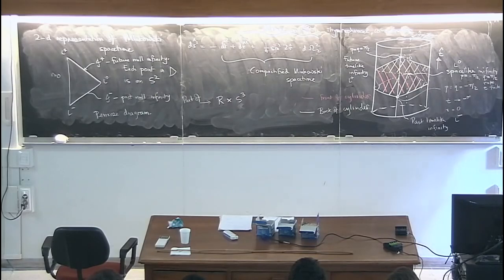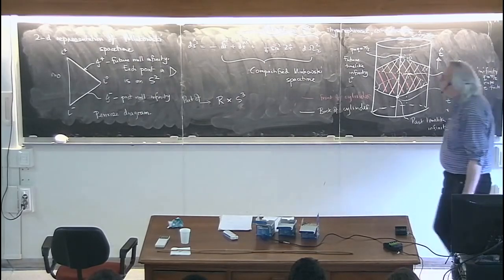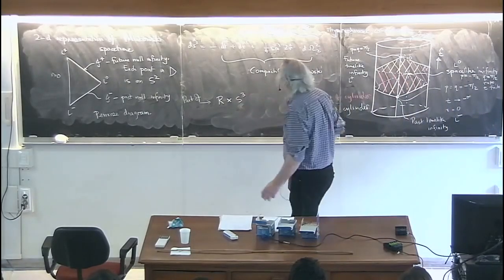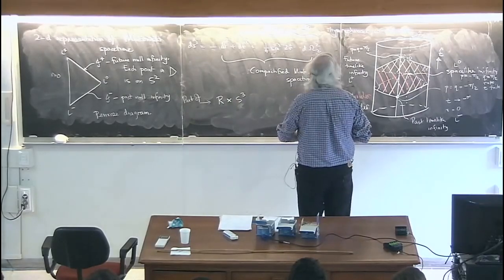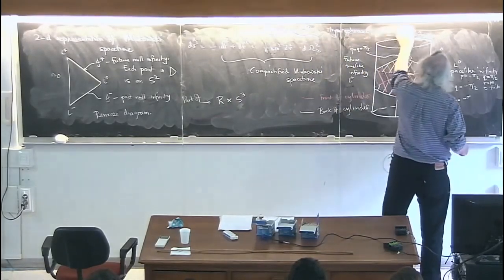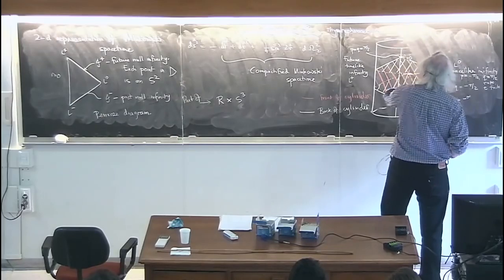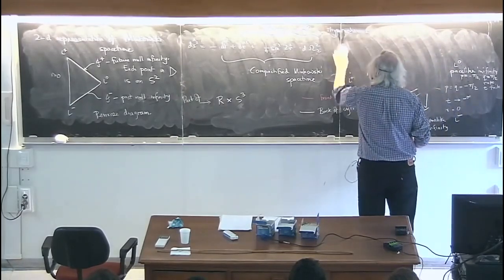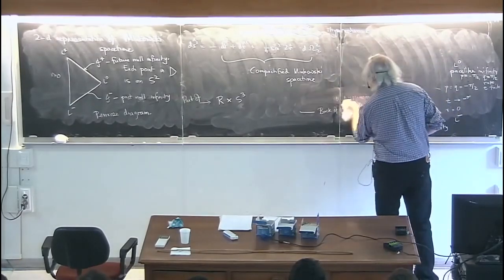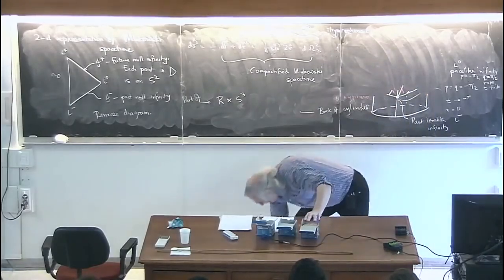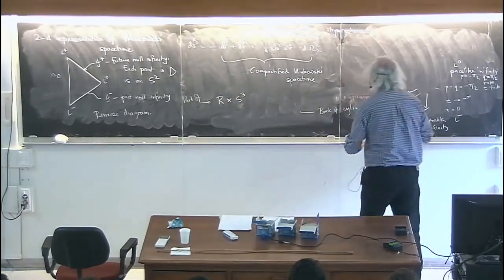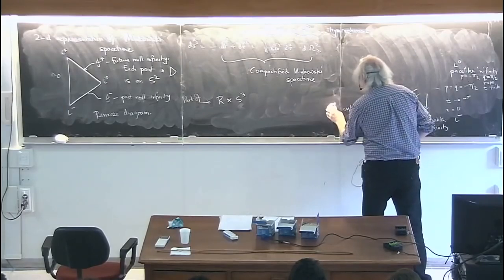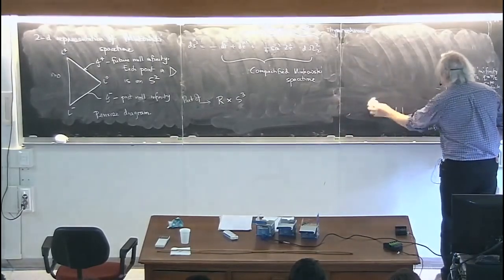To understand what the power of this construction is, let's get rid of this for the time being. We don't need this one again. And ask ourselves, what do geodesics look like in the Penrose diagram?